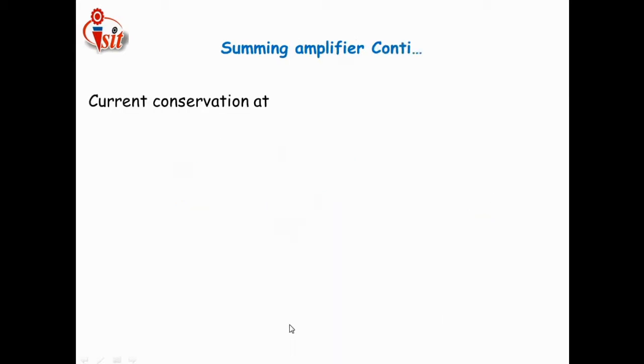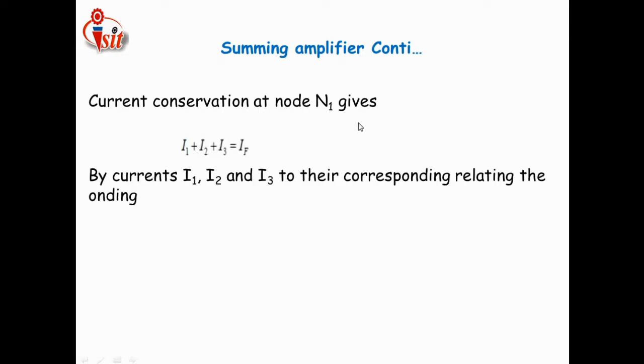Then the current conversion at node N1 gives the following. What is the current conversion at node N1? I have just told you, it is Kirchhoff's current law. What Kirchhoff's current law says is that I1, I2, I3, that means the incoming current summation, is equal to the outgoing current summation.